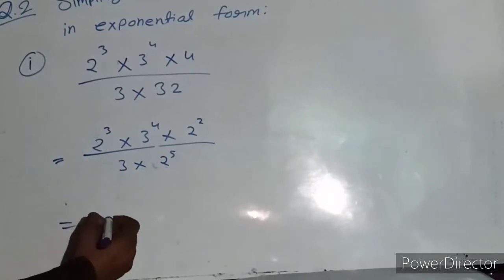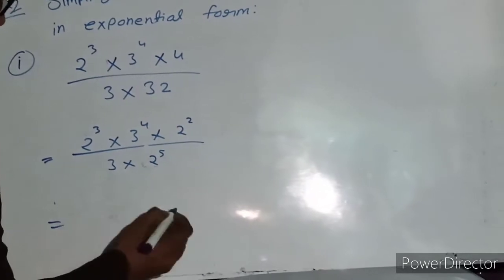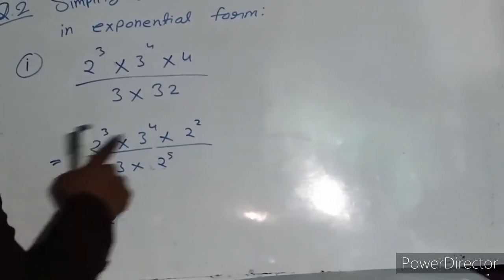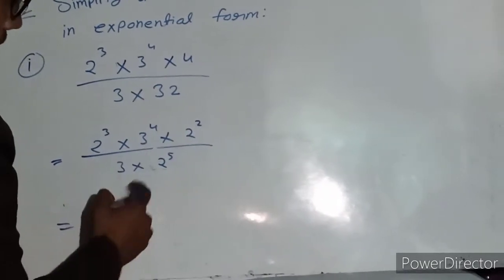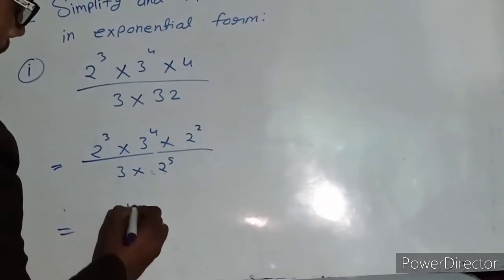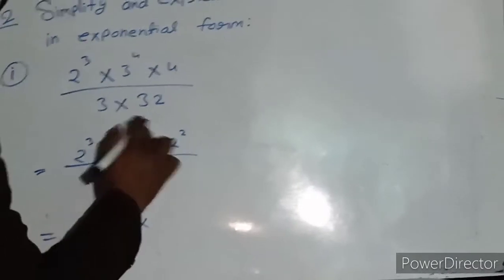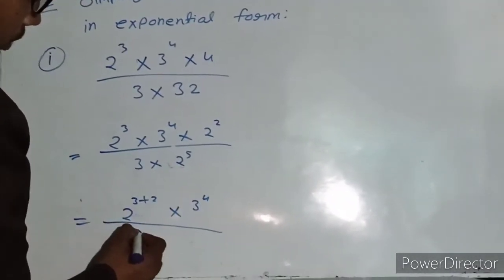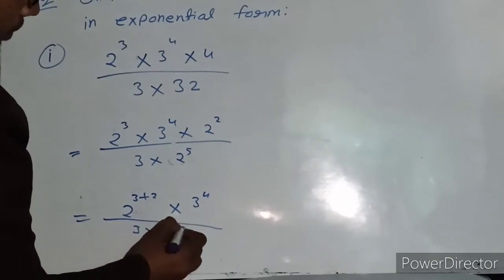Now we can write it like this: 2 raised to the power 3 and 2 raised to the power 2, so 3 plus 2, into 3 raised to the power 4. The 3 will remain the same.